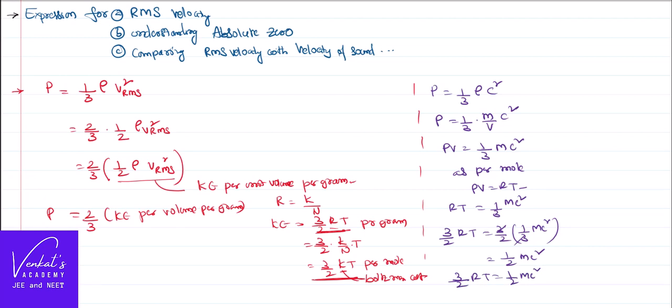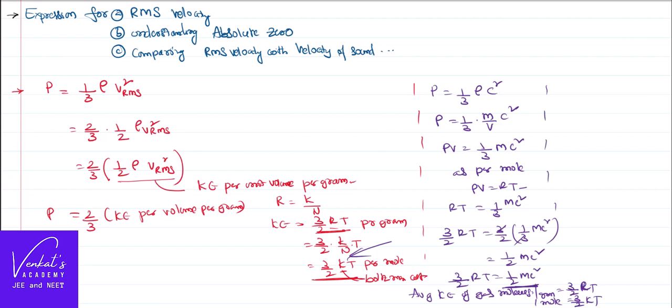What is that? This is the average kinetic energy of the gas molecule per gram. So what we can conclude here is that the average kinetic energy of a gas molecule per gram is 3 by 2 RT. If you want to write it per mole, instead of 3 by 2 RT, as I have explained earlier, it becomes 3 by 2 KT. Both are the same, only for the sake of understanding, we can write it in different formats.